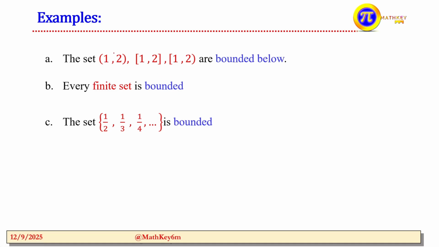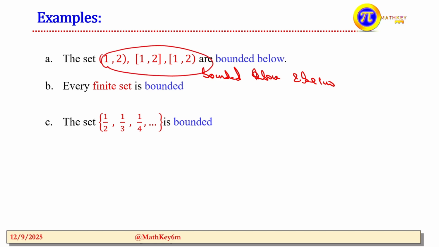It cannot be less than 1 here, it is approaching 1, or it may be some values greater than 1. So we call this bounded above.